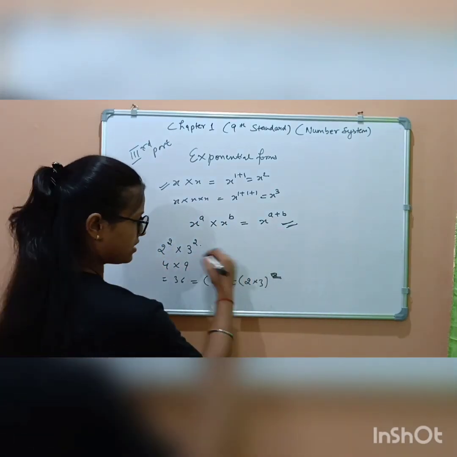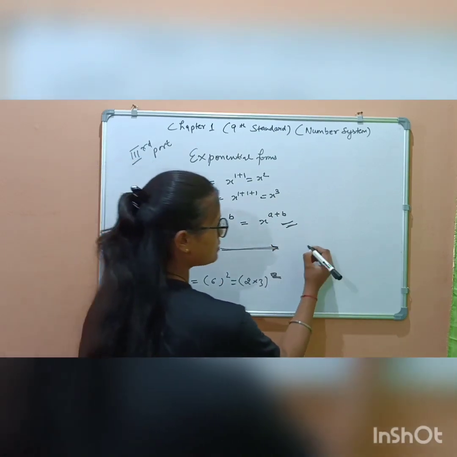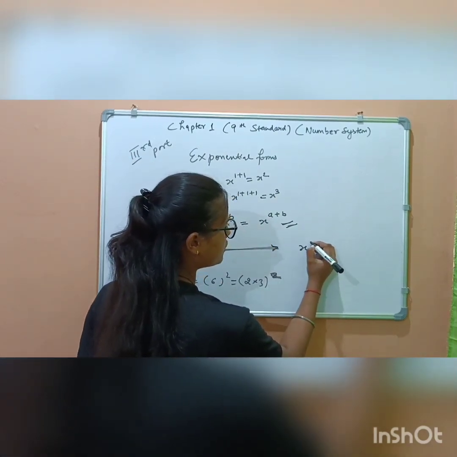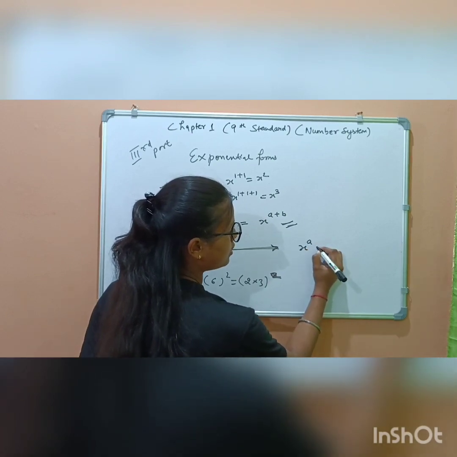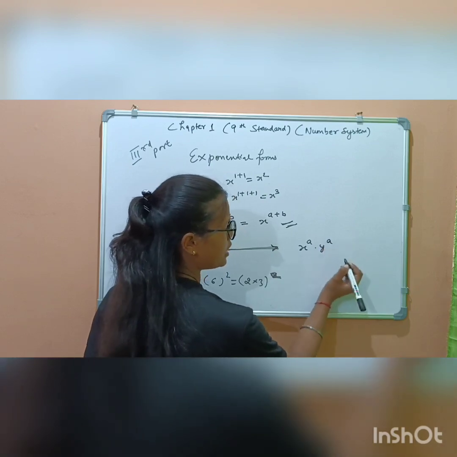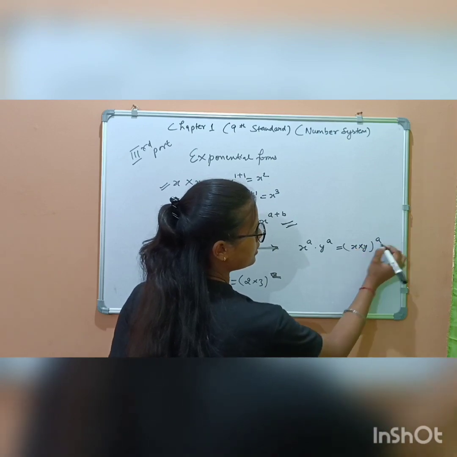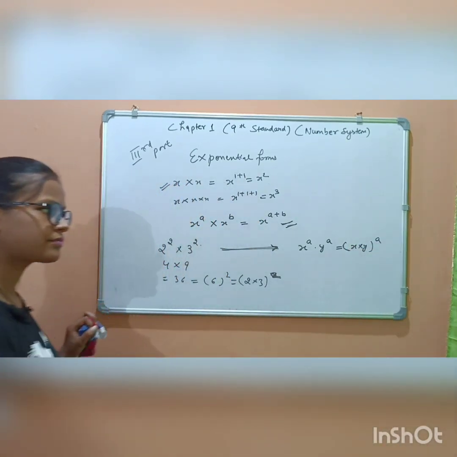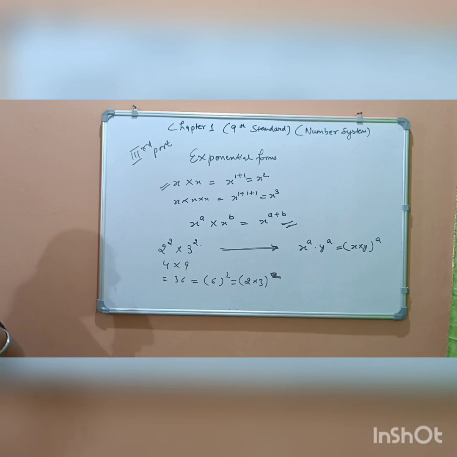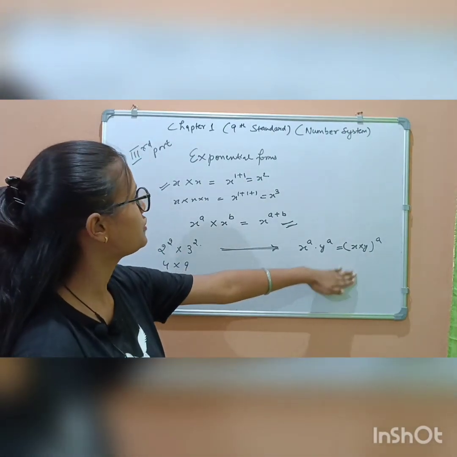So I can write this fact in the simple form: x raised to power a into y raised to power a is nothing but x into y raised to power a. Clear? So this is also your exponential form.